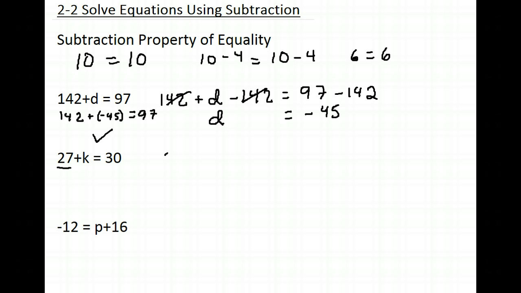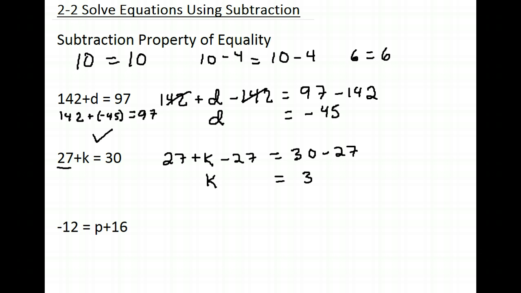That looks like 27 plus k minus 27 equals 30 minus 27. On the left, we have 27 minus 27, so we're left with just k equals 30 minus 27, or 3.